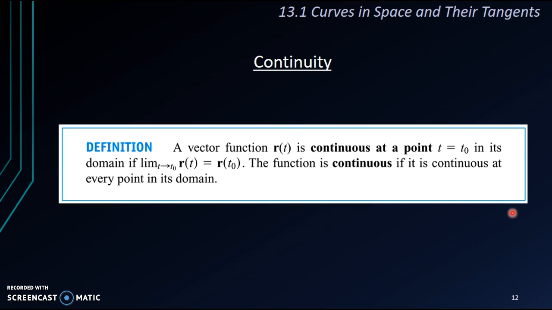Okay, now let's talk about continuity. We say a vector valued function is continuous at a particular point t equals t0 if the limit of r(t) as t approaches t0 is equal to r(t0). And we say the function is continuous if it is continuous at every point in its domain.